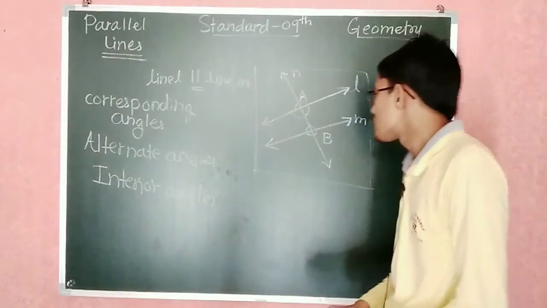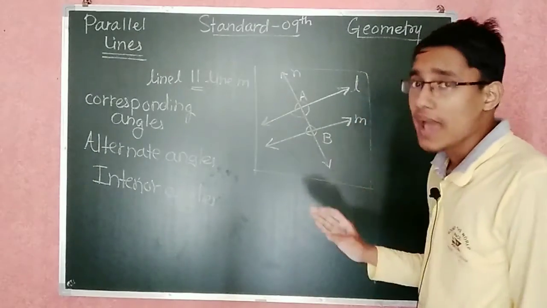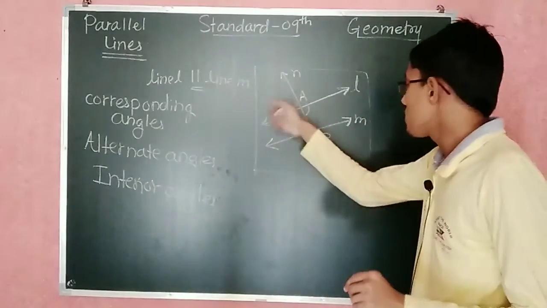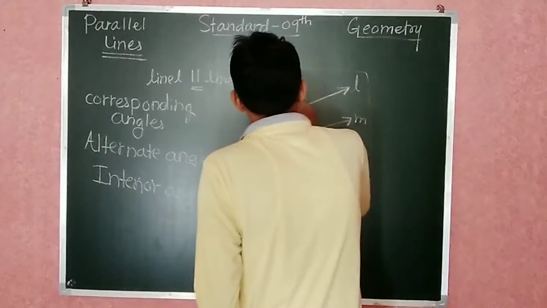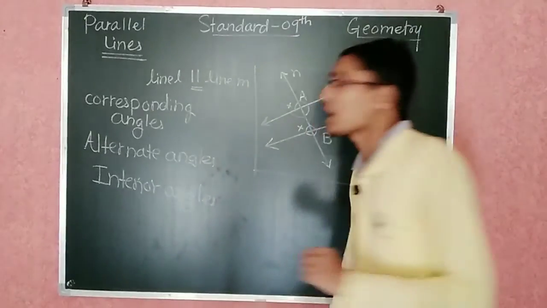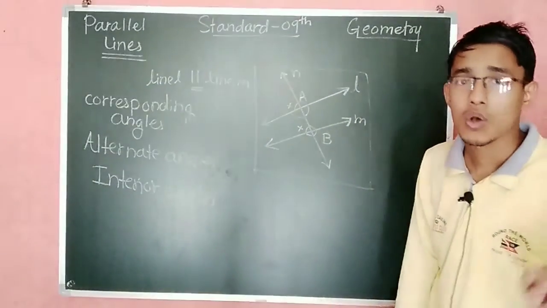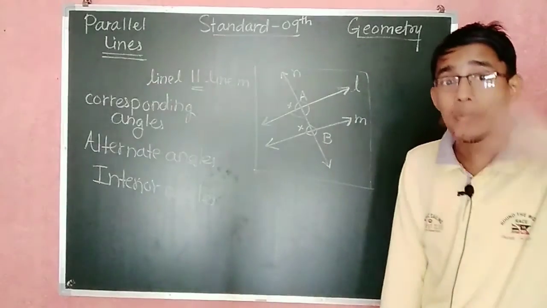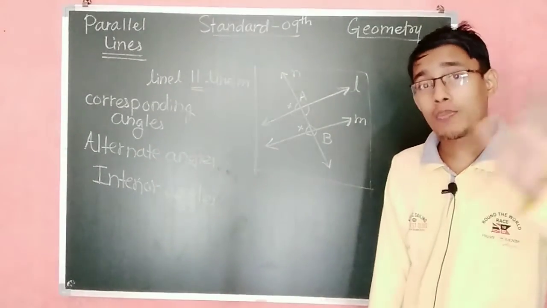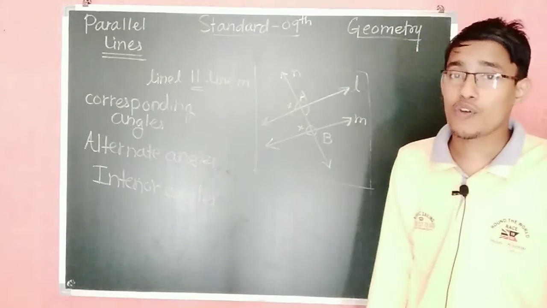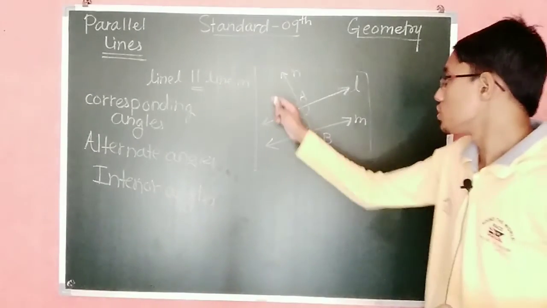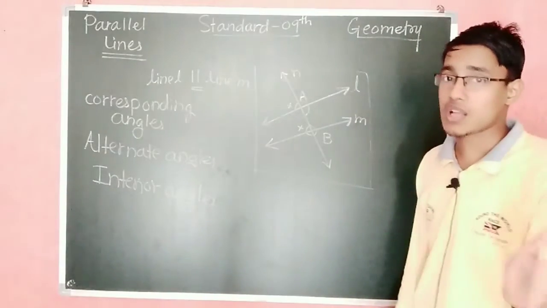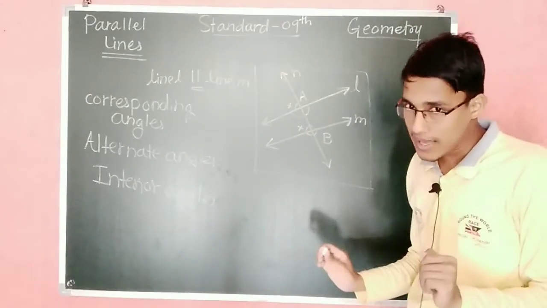The corresponding angles are this angle and this angle. Both the angles are corresponding angles. Corresponding angles are the angles which lie above the line or below the line on the same side of the transversal. This and this angle, which are lying above the line and on the left side of the transversal, are corresponding angles.